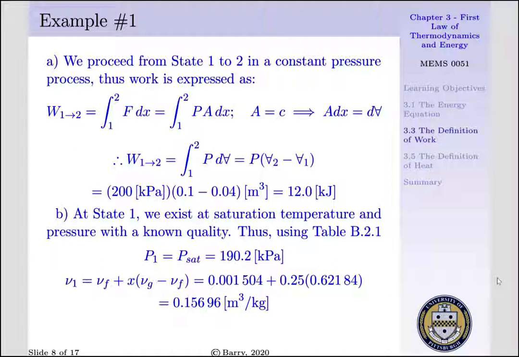Our specific volume at this state would be our saturated liquid specific volume plus our quality times the difference of our saturated vapor and saturated liquid specific volume. Thus, our specific volume corresponding to state 1, where we had a temperature of minus 20 degrees centigrade and a quality of 25%, would be 0.15696 meters cubed per kg.